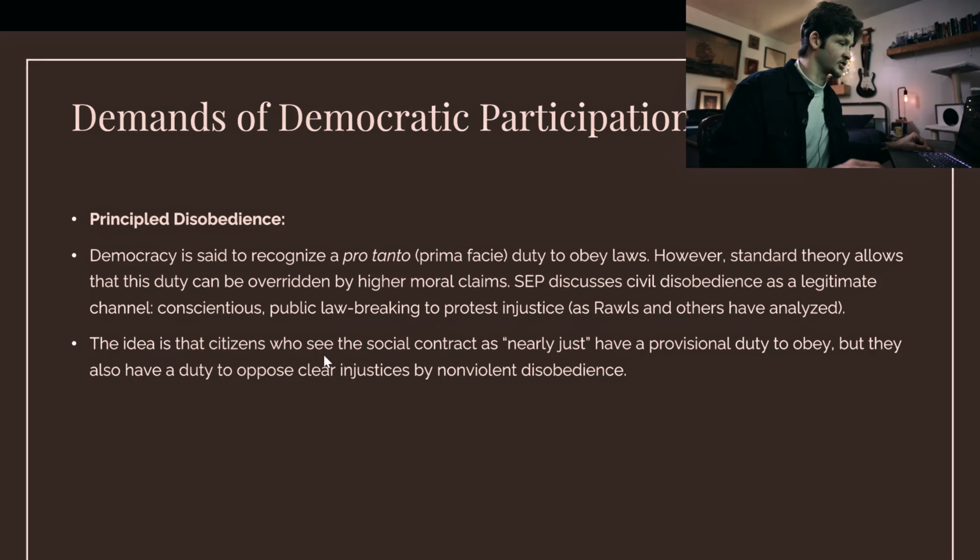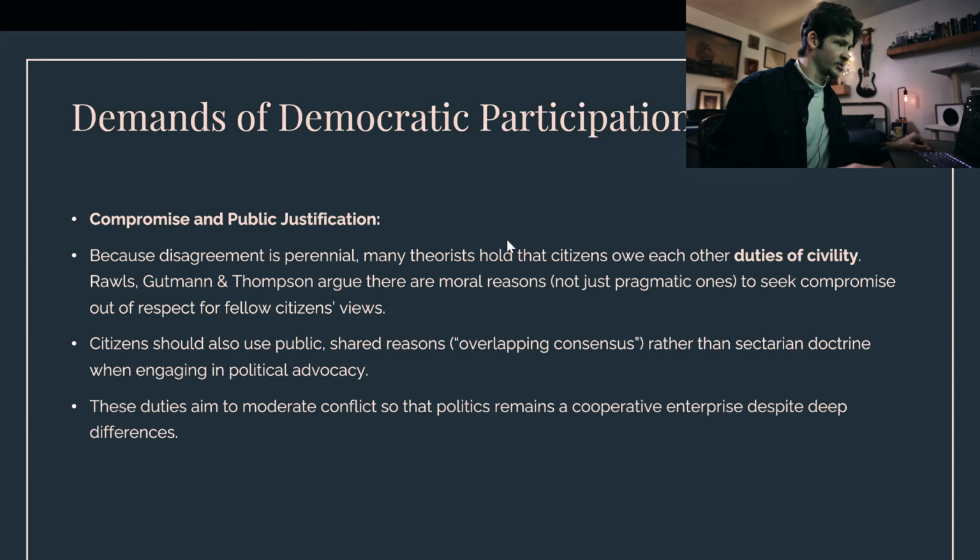The idea is that citizens who see the social contract as nearly just have a provisional duty to obey, but they also have a duty to oppose clear injustices by nonviolent disobedience. Okay, so that's a way to protest against the democracy in a way that's disobedient but nonviolent. So democracy doesn't like violence. Okay, but I guess that's a good thing. We don't really want violence. But that'd be for another video if we're going to talk about violence.